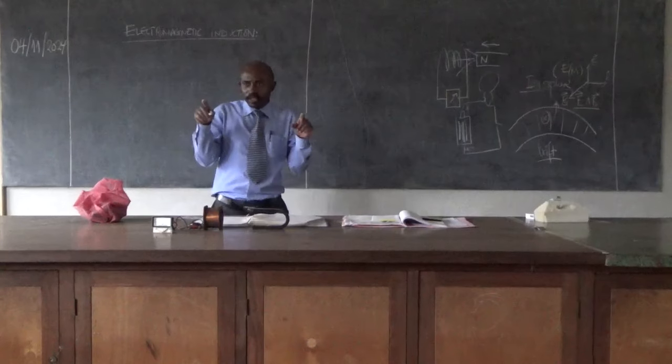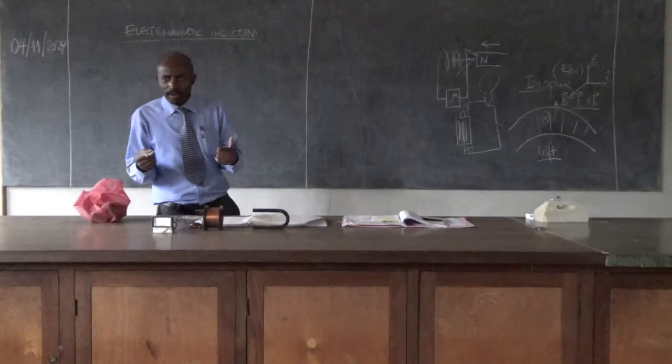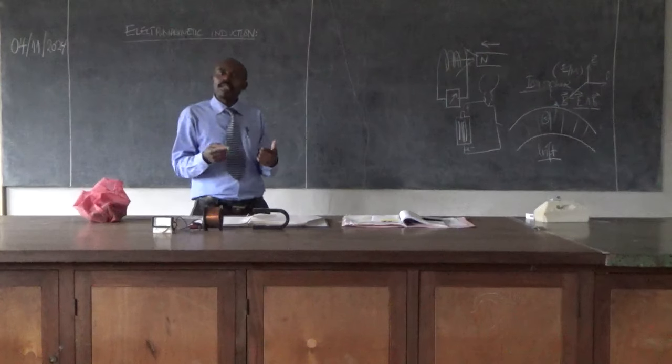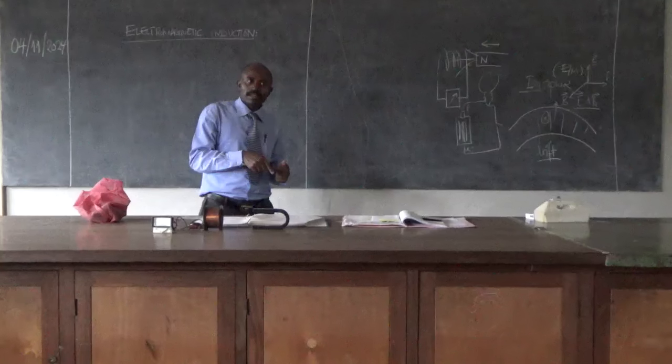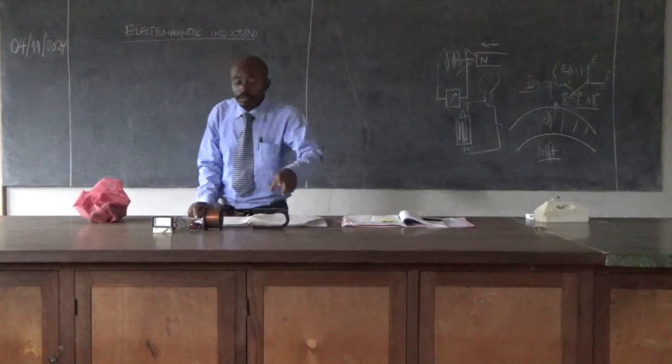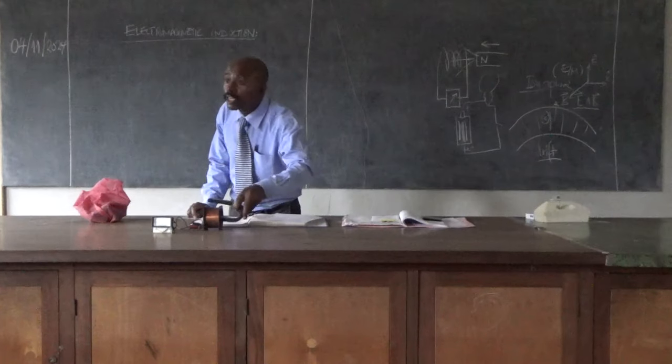So the issue was that the chemical reaction within the battery is producing electrons which are moving to cause the current. So where are the electrons which are causing this current coming from?